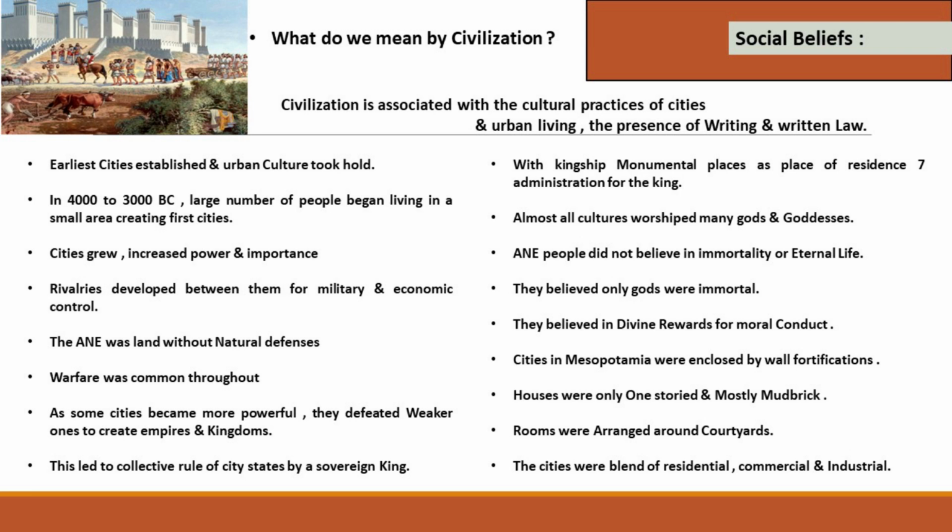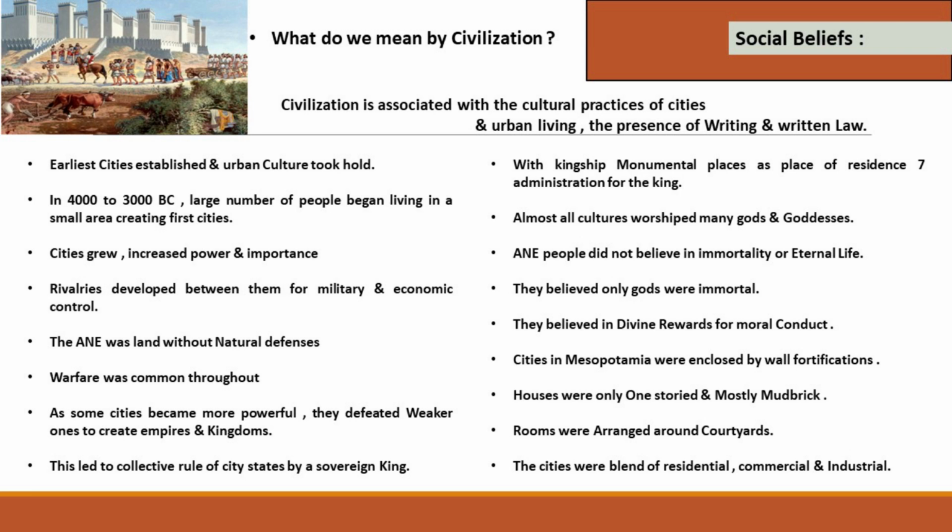Cities grew, increasing in power and importance. Rivalries developed. The ancient Near East was a land without natural defenses. Warfare was common throughout. As some cities began to grow and became more powerful, they defeated weaker ones and created their empire and kingdom.